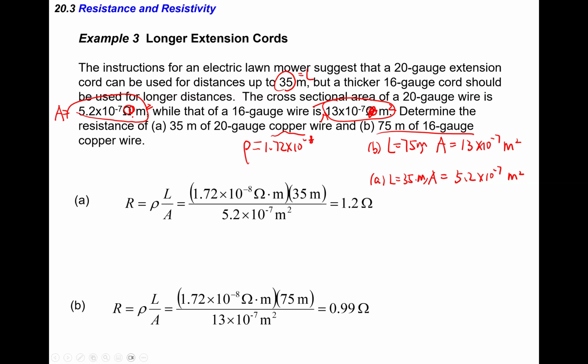Resistance will be equal to rho, which is this value, times L over A. Our L is here, our A is here, so you can get 1.2. And then we can take a look at part B and also put the rho here, length 75 here, and A here. So you can get 0.99.